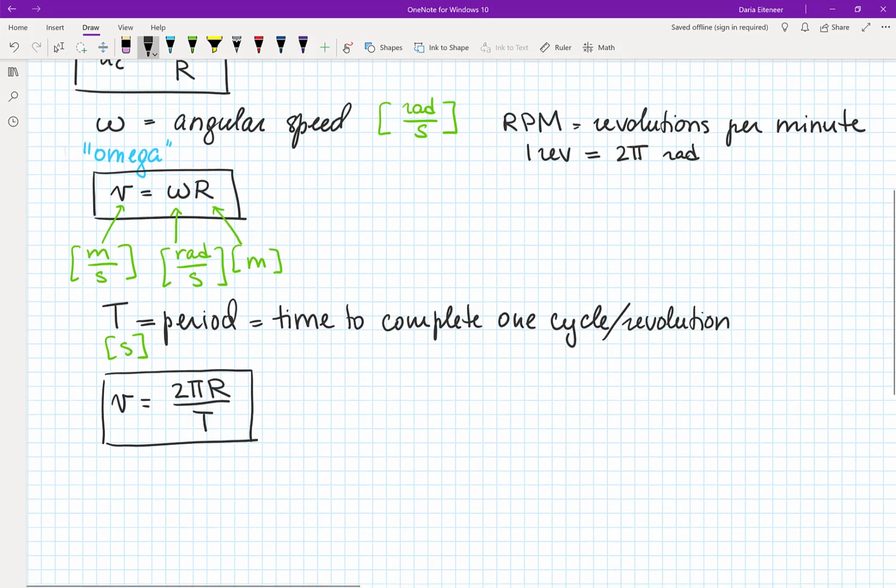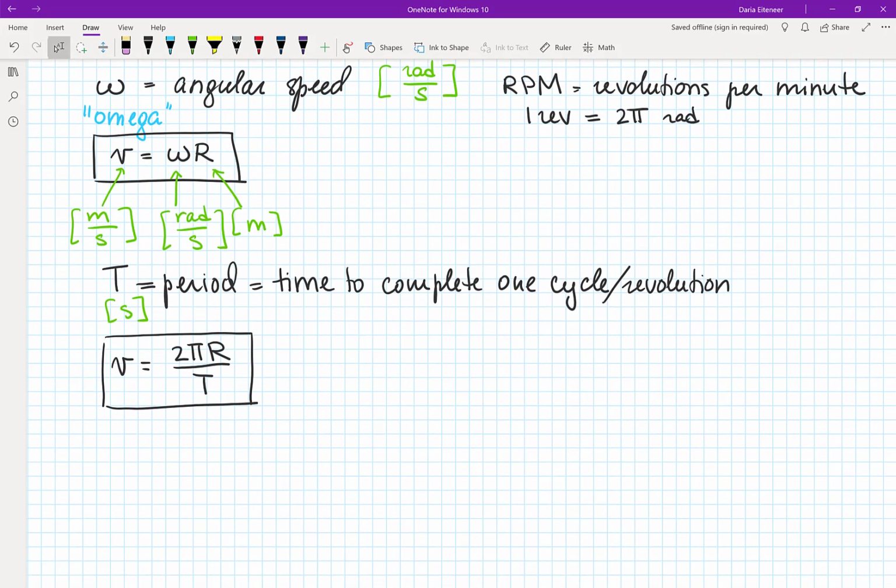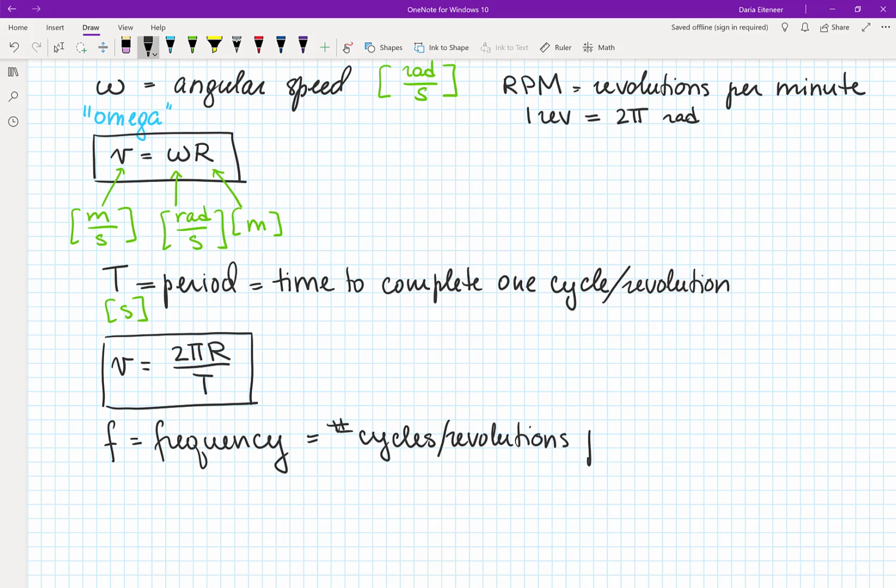Another way to address uniform circular motion is in terms of little f, which is frequency. Frequency is the number of cycles, or revolutions in this case, per second.